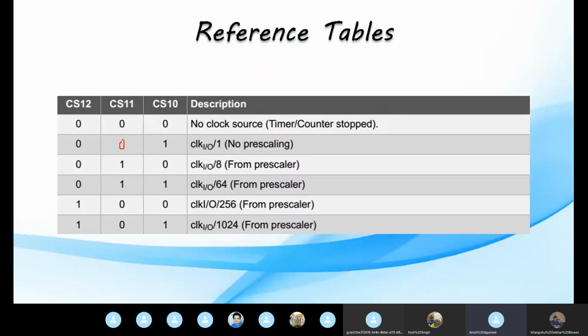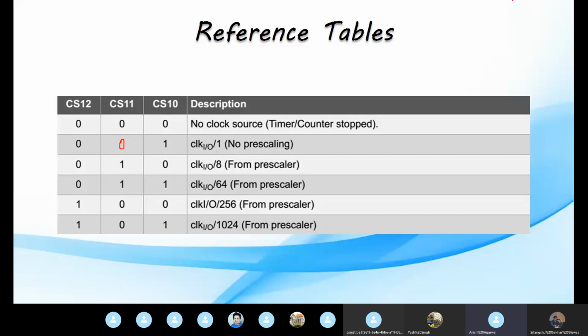Due to some error in the data sheet, the 0 has not come, but this is 001. This is clock by 1, that is, no prescaling. We are running the microcontroller at its natural speed. We have not slowed it down.